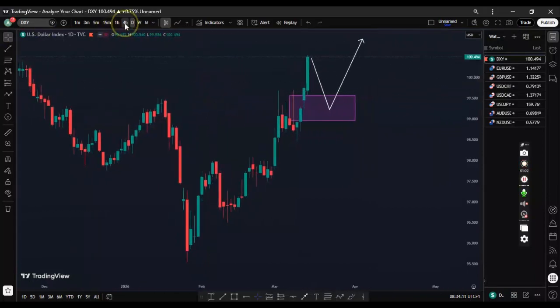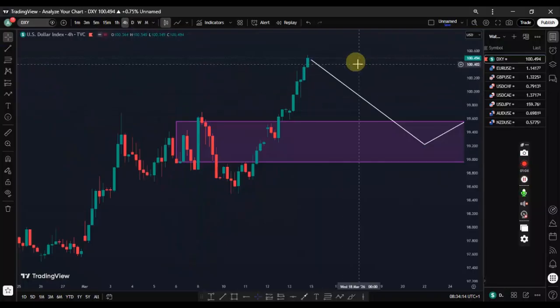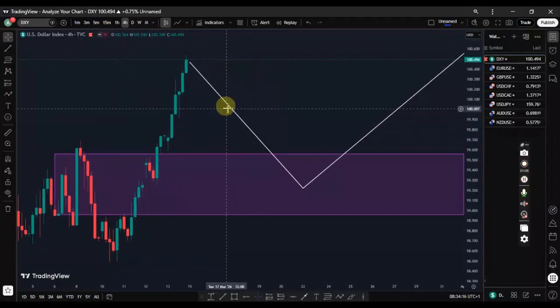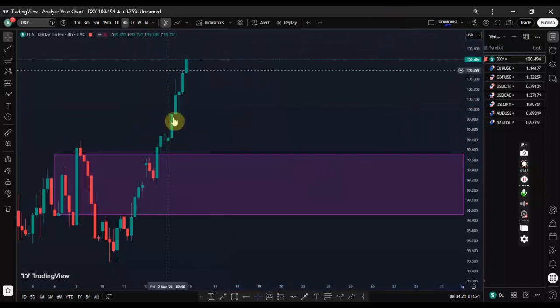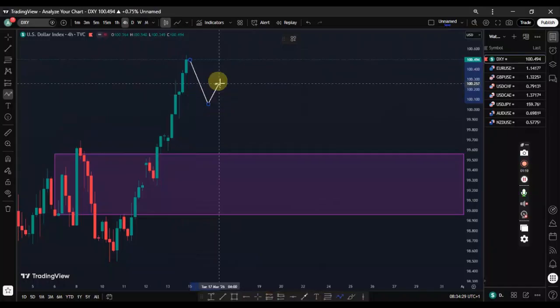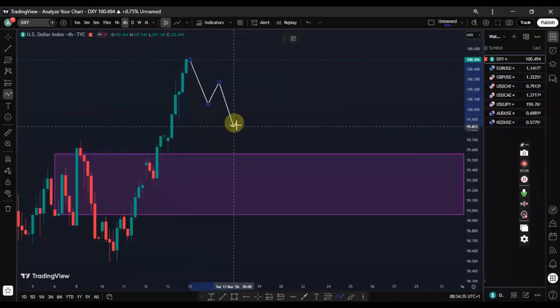Probably if you go down to the 4 hour, what you're going to be expecting is something like this to happen. And first of all, delete this arrow here. So what I'm going to be expecting is for price to start retracing. That is, you might have a shift of market structure to go down to this point of interest here, right? So when we shift market structure here, we then retrace back into this point of interest.